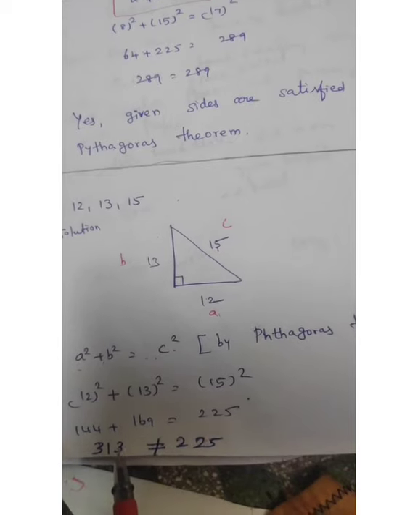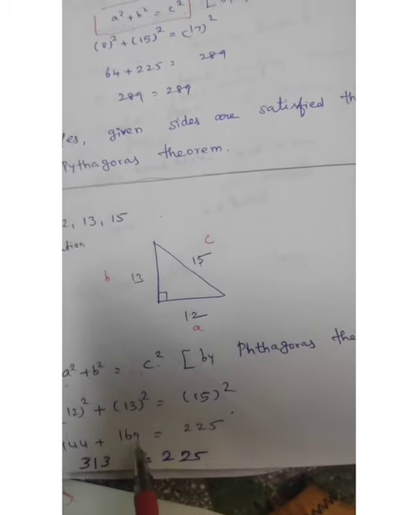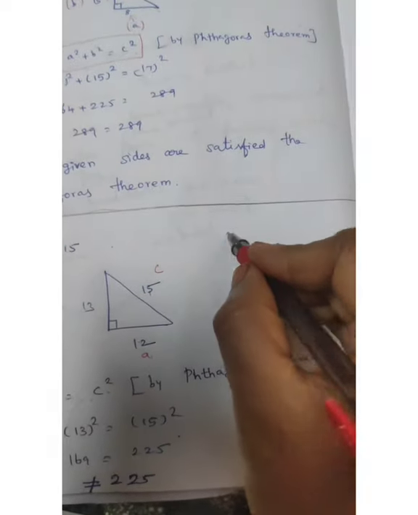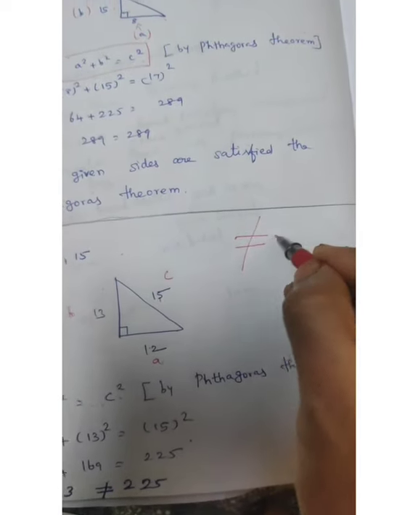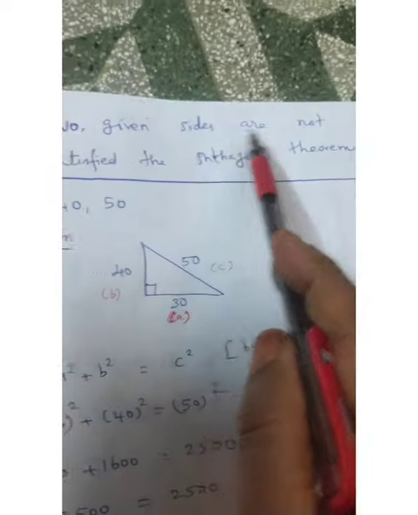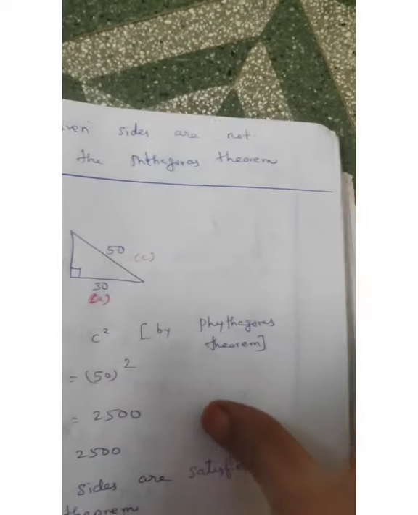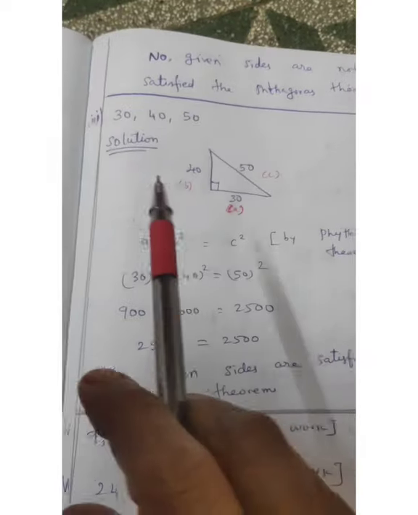So 313 is not equal to 225. What is the symbol's meaning? This is equal, and with a cross put it means not equal. So no, the given sides do not satisfy the Pythagoras theorem.